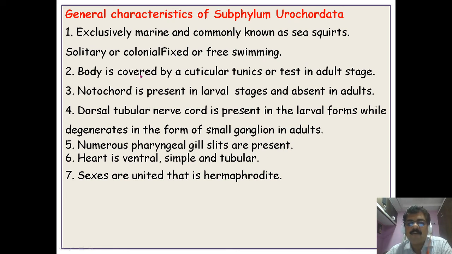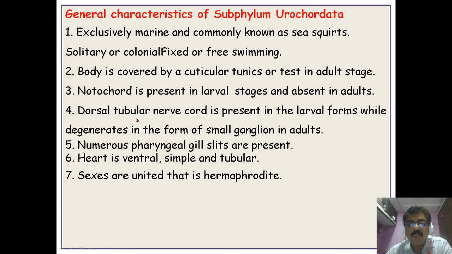The body is covered by a cuticular tunic, or leathery covering, that we call the test in the adult stage. The notochord is present in the larval stage, but during the metamorphosis of this larva, the tail gets shed off, and therefore the notochord present in the tail region gets lost and is absent in adults.